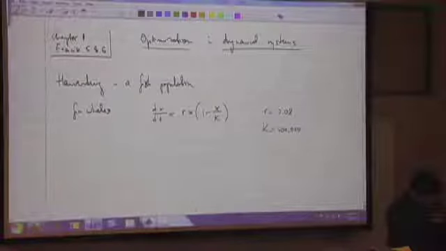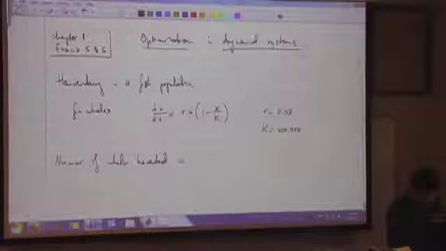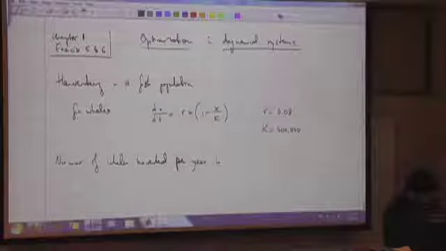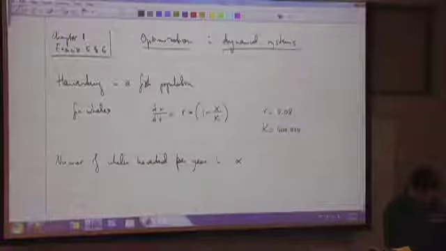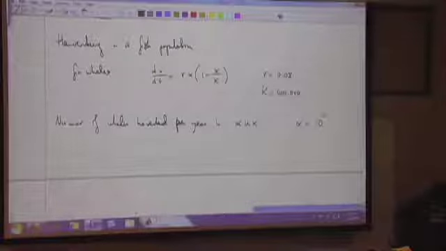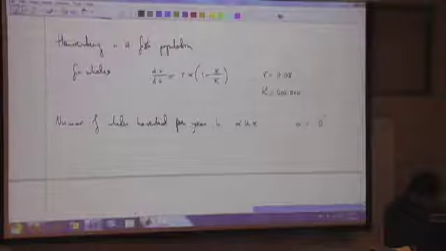So let's assume that the number of whales harvested per year is alpha times u times x, and let's say alpha is 10 to the negative 6.